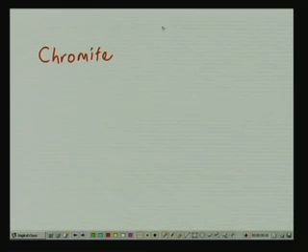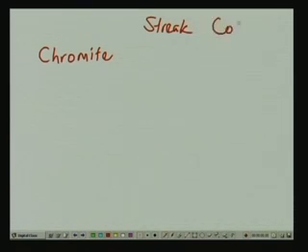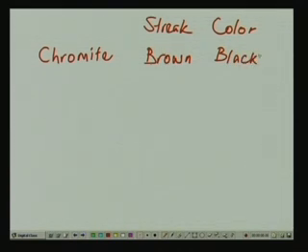For instance, consider the mineral chromite and examine the color of the streak and the color of the mineral itself. The streak of chromite is brown, whereas the mineral itself is black in color. Consider another mineral, magnetite.